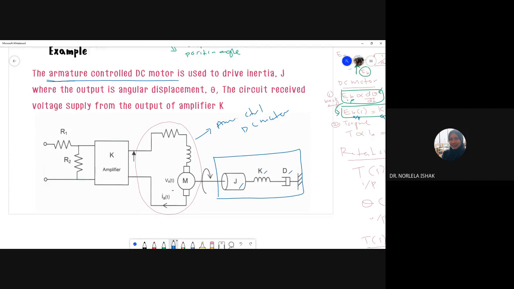This is our plant. And then our output? Here there is T and theta, torque and angular. Our output is angular. The circuit receives voltage supply from the output of amplifier K.